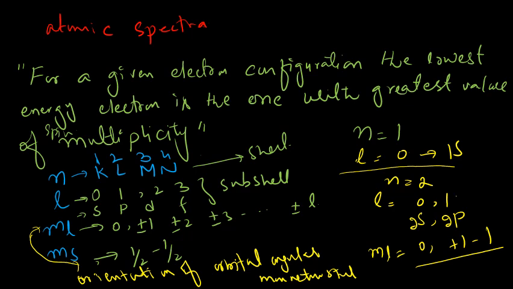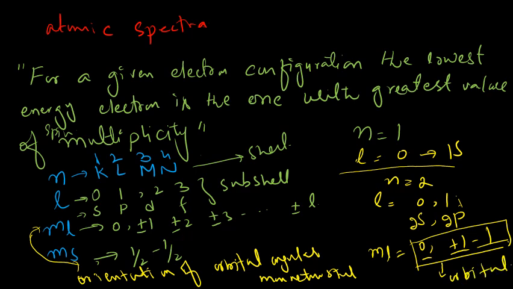For l equals 1 we have three possible values of ml: it can be 0, plus 1 or minus 1 orientation. So these are the orbitals.